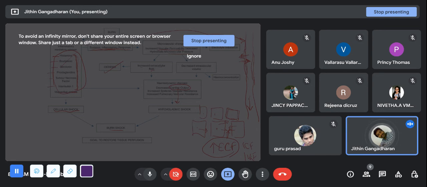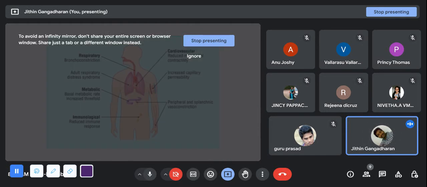Once you understand this, it will be very easy for you to answer the questions which are coming. Kindly note, the blood inside the blood vessels will be decreased, hence there will be a decrease in the cardiac output also. Now, what are the changes that occur in each and every system?